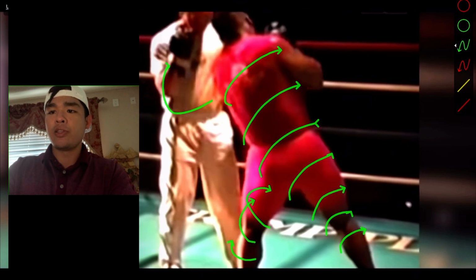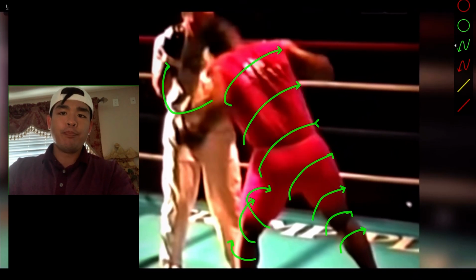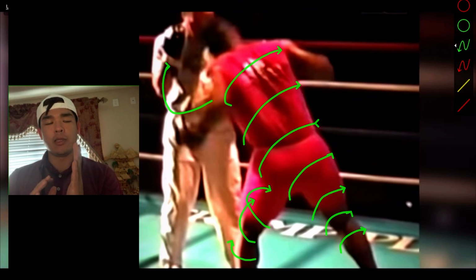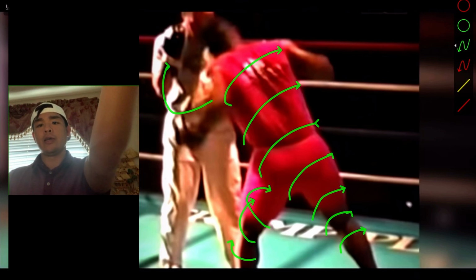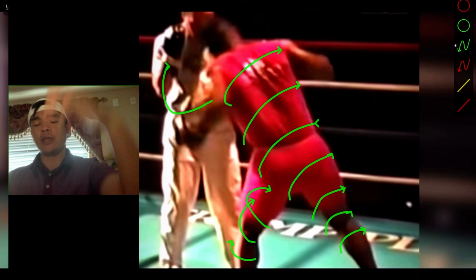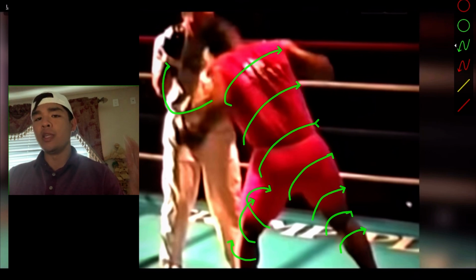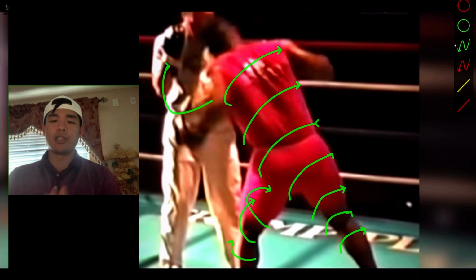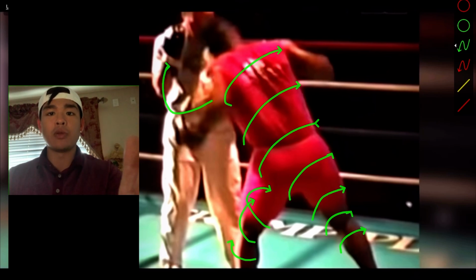Remember, guys, there's this idea of joints behaving in single planes of motion, right? So some people might think that the elbow is purely flexion and extension, and some people might think that the knee is purely flexion extension. That means one plane of motion, right? But there's no such thing as moving in one plane of motion.